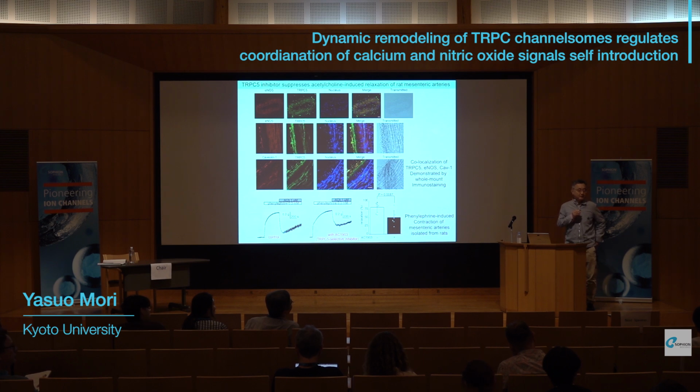Can you cross-link this cysteine with the other pore residues? Well, we haven't done anything like that. Normally the channel is closed, and when the cysteine is oxidized, it's open, right? That is what we have been thinking. Okay. Thank you.